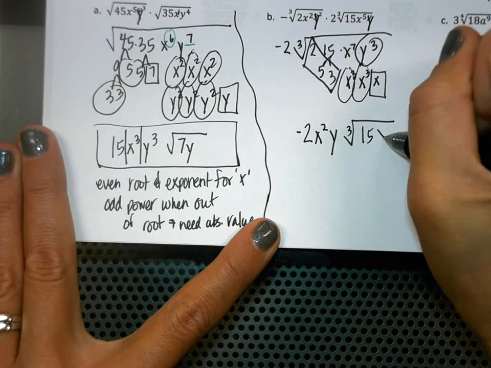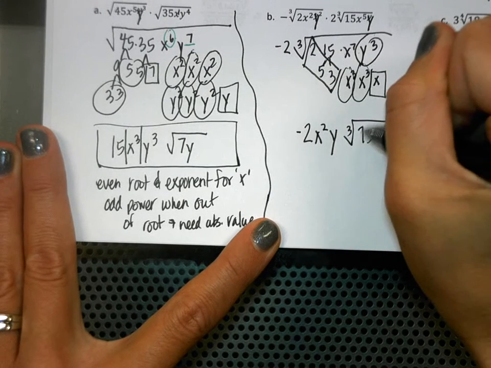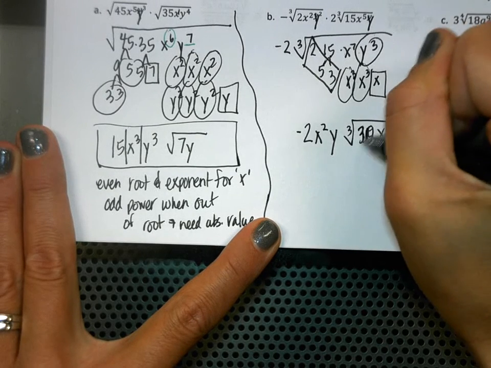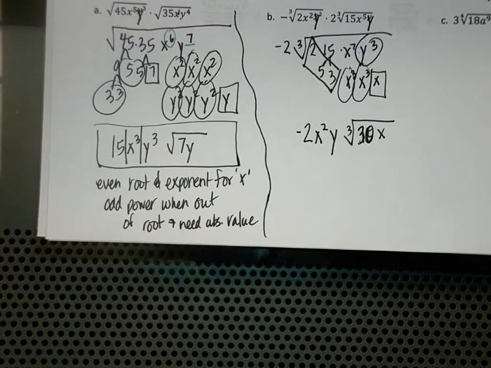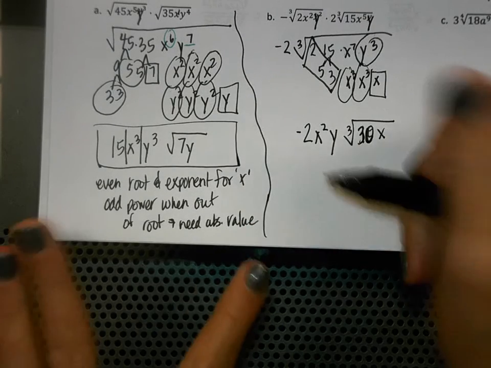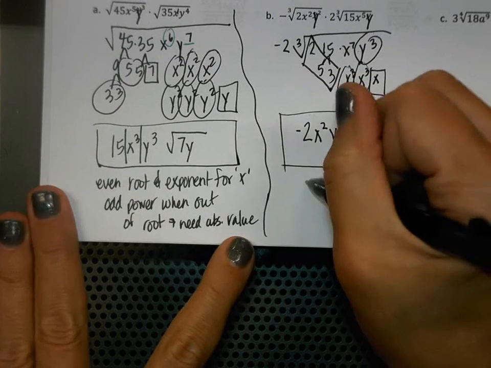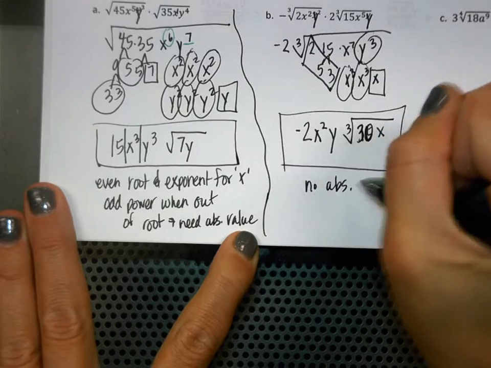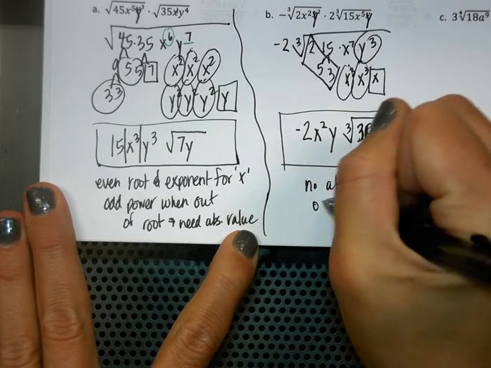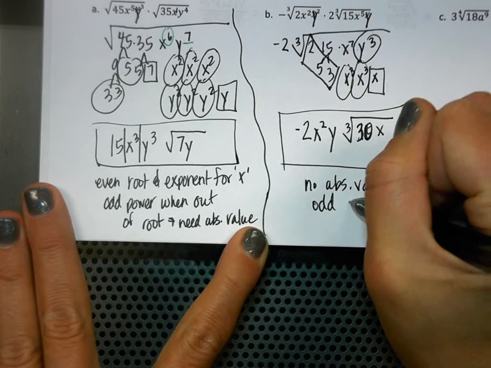No, not 15x, sorry. 30x. Because we have 2 times 5 times 3. And if you want to write no absolute value, odd root.